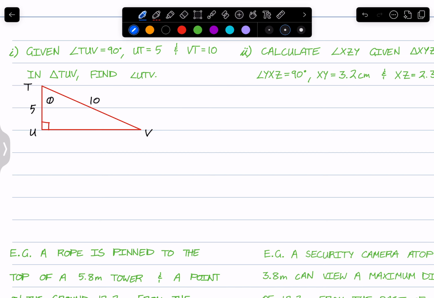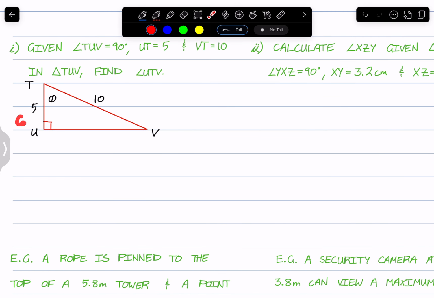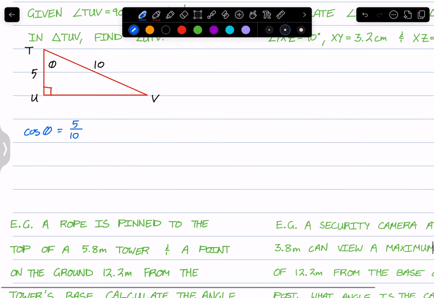And now that we have this triangle, it's just a matter of determining the correct ratio. In this one, we have the adjacent and the hypotenuse. Well, adjacent and hypotenuse is cos. So let's write this as cos theta equals adjacent over hypotenuse.